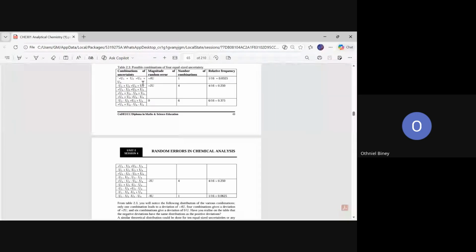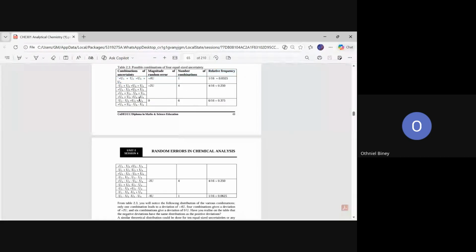You have to understand this before you understand the second one. If I take the positive from U1 and bring it to U2, it's still positive. If I take the positive from U2 and bring it to U3, it's still positive. That's why the number of combinations here is just one.